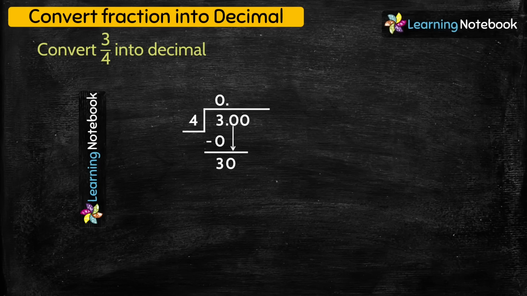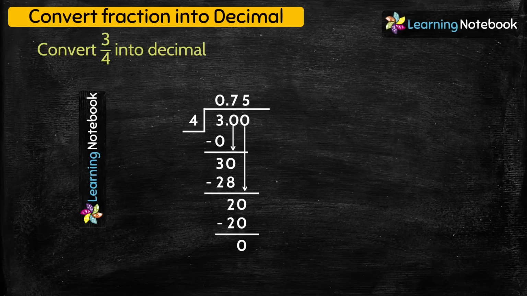So we have to divide 30 by 4 now. 4 into 7 equals 28 and 30 minus 28 equals 2. Copy next 0 and now divide 20 by 4. 4 into 5 equals 20 and 20 minus 20 equals 0.